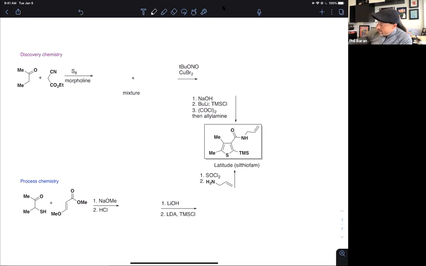Now, silthiofam is an interesting, I think it's used as an agrochemical, and it's an interesting compound because it has a silyl group in it in the final product. And the discovery route uses a standard type of Gewald, and the Gewald leads to a mixture of something. So, Simona, what is the problem with this?